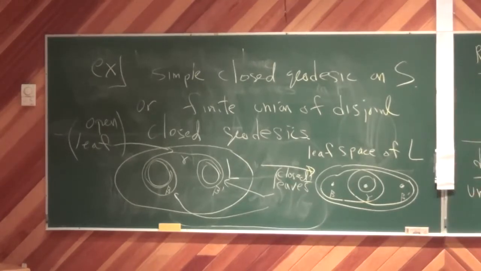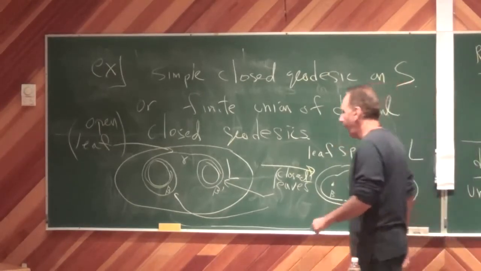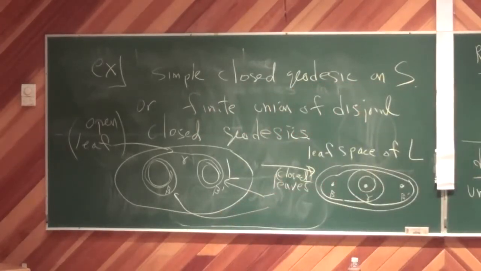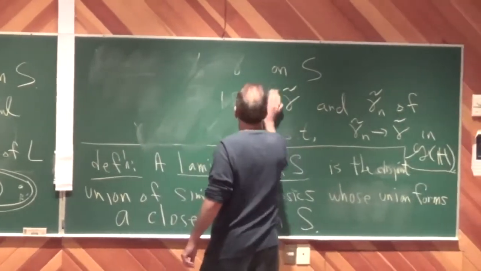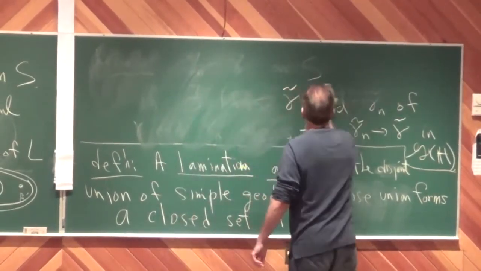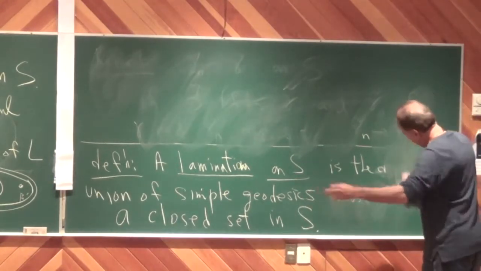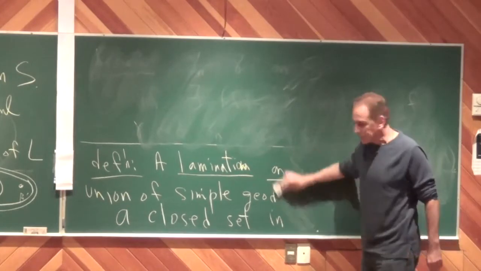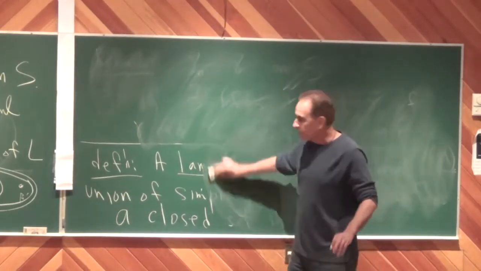So, one thing that happens for finite area surfaces is, well, let me back up. You can ask this question.